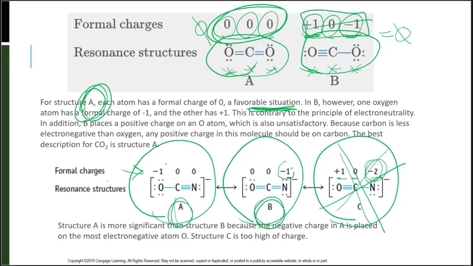The only difference is the negative 1 is on nitrogen here, and the negative 1 is on oxygen there. Well, let's look at oxygen and nitrogen. Put your fingers on oxygen and nitrogen on the periodic table. I told you electronegativity increases as I go to the right, closer to fluorine. So oxygen is more electronegative, which means if there's going to be a formal charge of negative, it needs to be on oxygen. So A is the more probable, favorable situation.